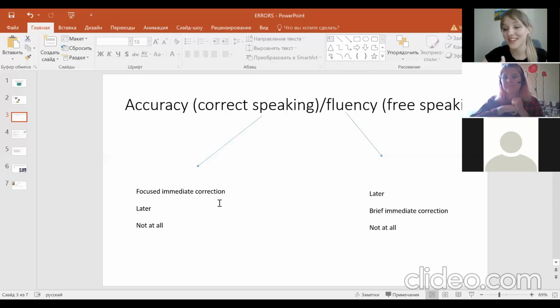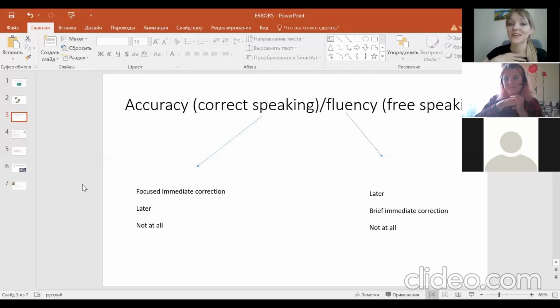And we can correct it and say immediately that it's not wrote, written, or use some other options, but only, you see, focused. So we don't correct something different, something abstract from another part of the sentence. We only focus on what we just studied. Or, as you said, we can correct it later, so still listen and then maybe correct, or we can avoid it if we want. It's possible sometimes.